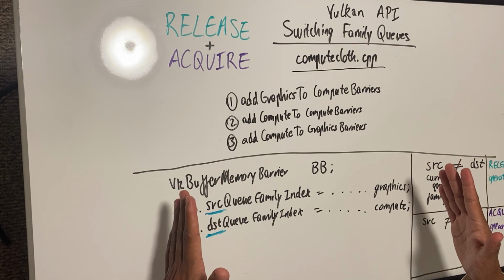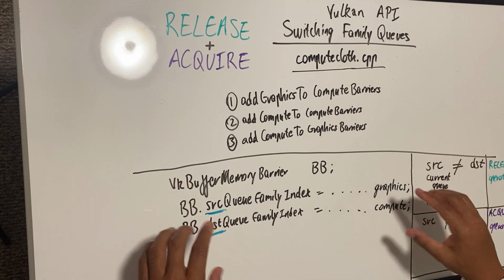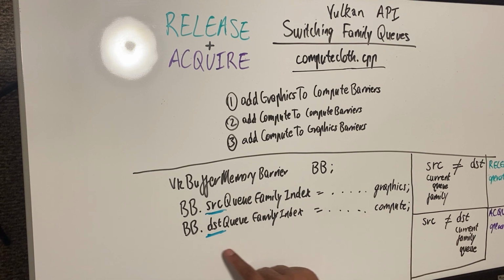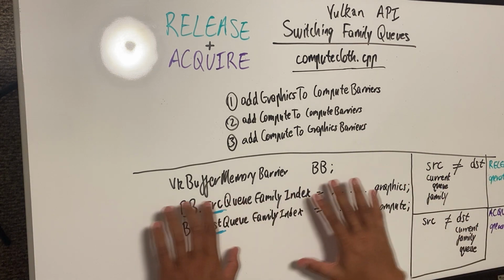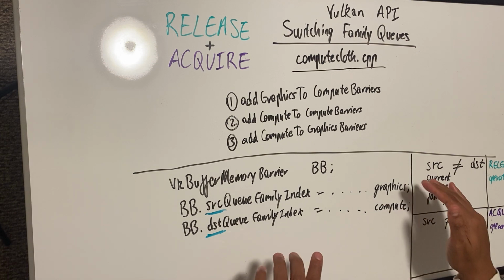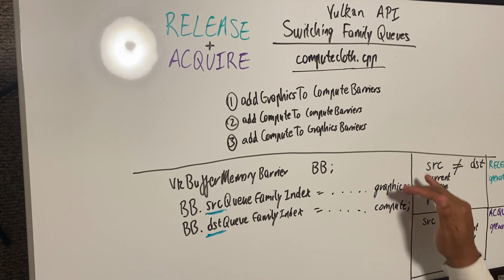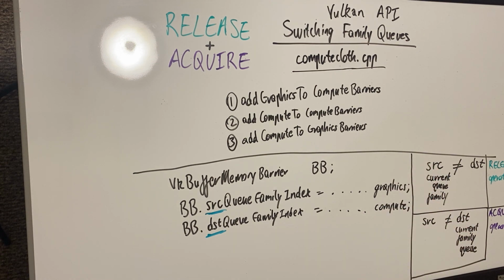If you're in the compute queue family and you run this, the destination matches the current queue family, so you're in an acquire operation. Either way, release or acquire, when you have these parameters, you are switching from graphics to compute. Okay?